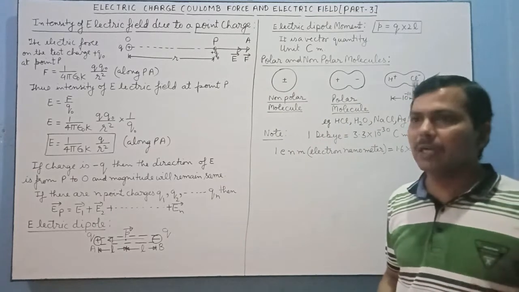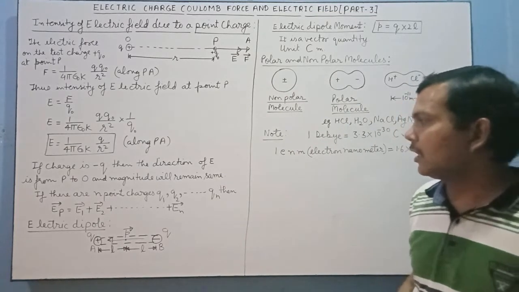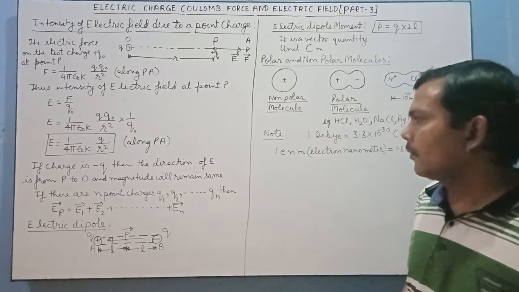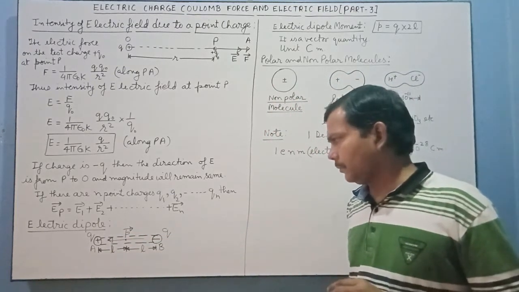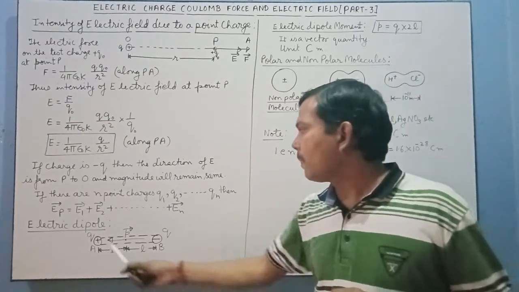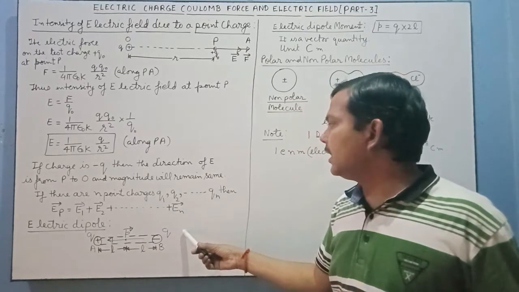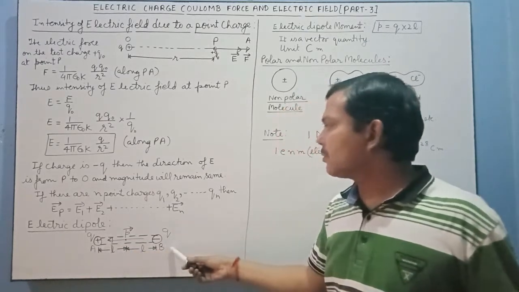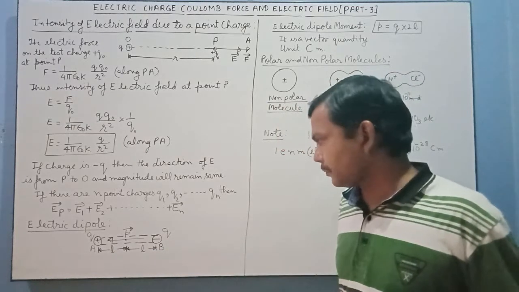Now next we come to the electric dipole. Electric dipole is a system of two equal and opposite charges placed at a very small distance apart.